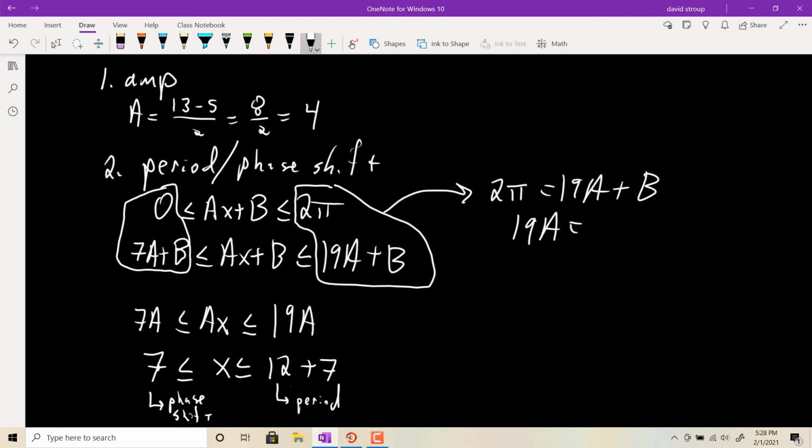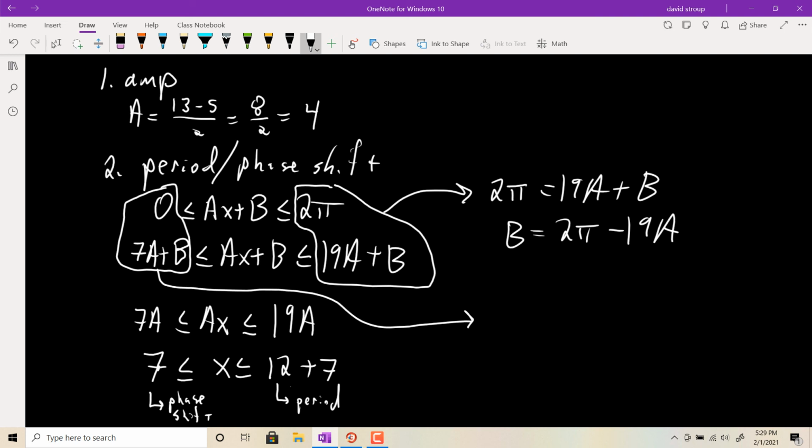Okay, so let's see. 19a. Let's solve for b. That'll be easier. So b will equal 2 pi minus 19a. And then use this formula here. So you know that 7a plus b will have to equal 0, right?